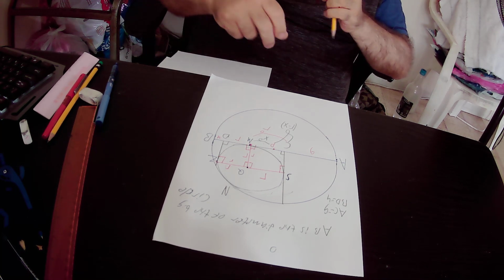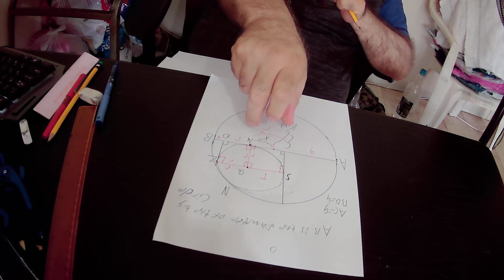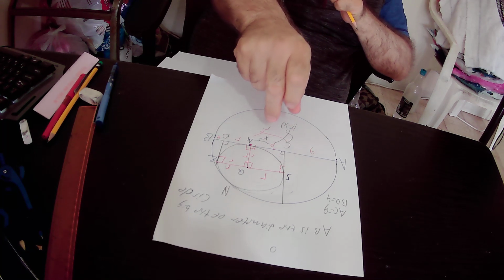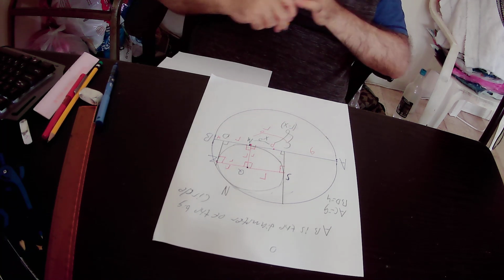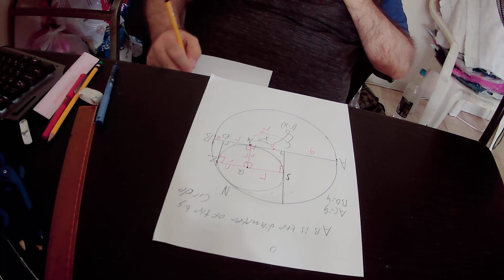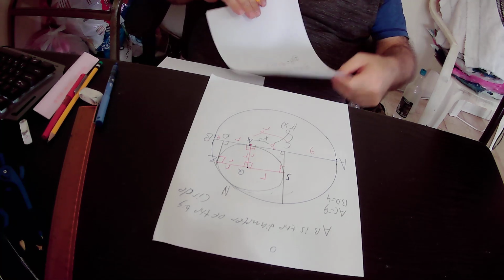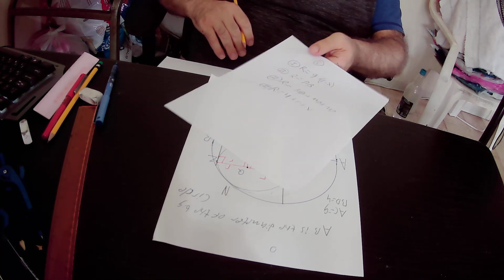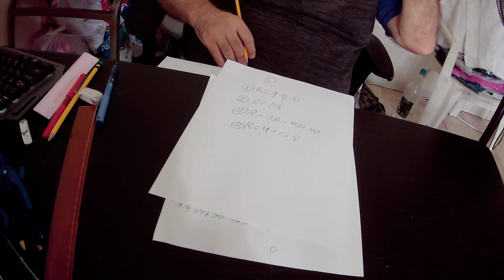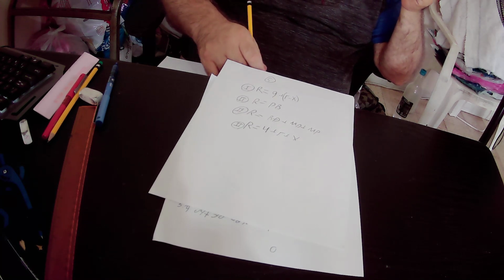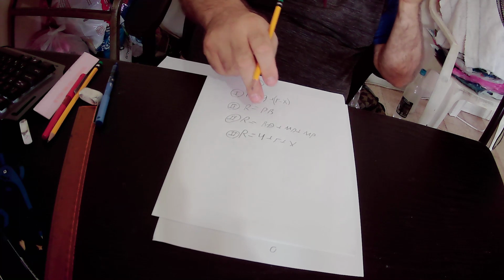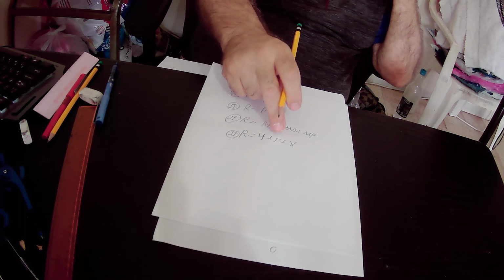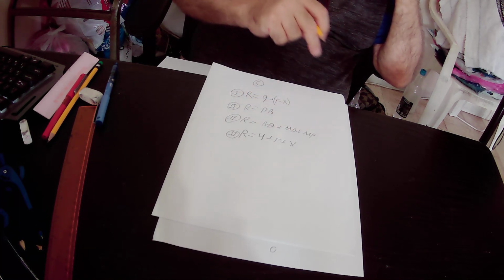And MP equals x. According to our definition, MP equals x. So when we calculate the radius of the big circle in the second way, it equals 4 plus small r plus x.